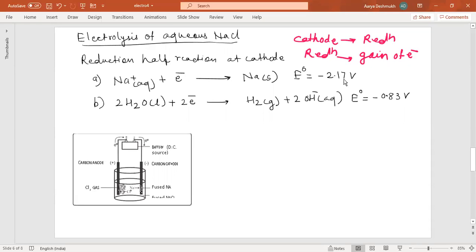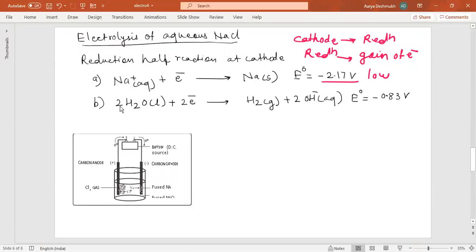That is nothing but the potential of the cell at standard conditions, meaning at 298 Kelvin and 1 atmospheric pressure. So it has this value for this half reaction, where there is a reduction because there is a gain of electron, and this value is lower in magnitude compared to this one.